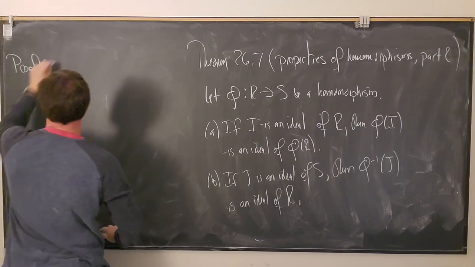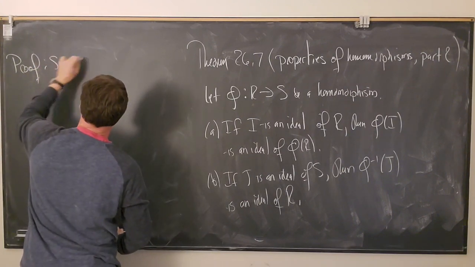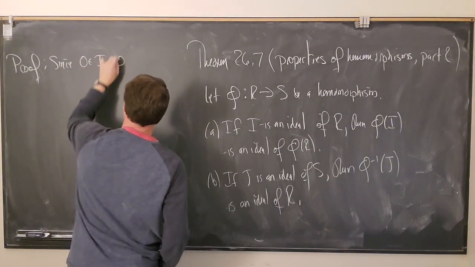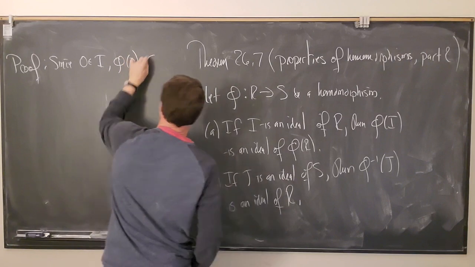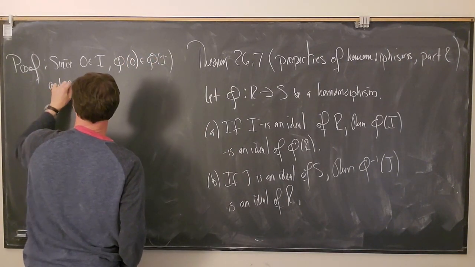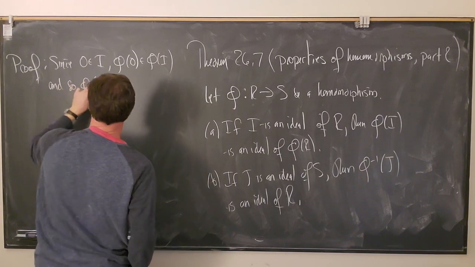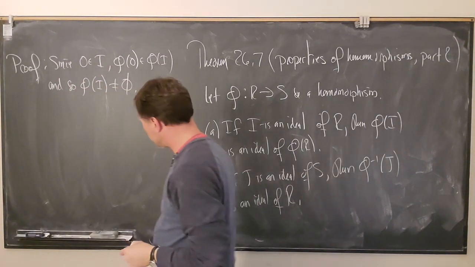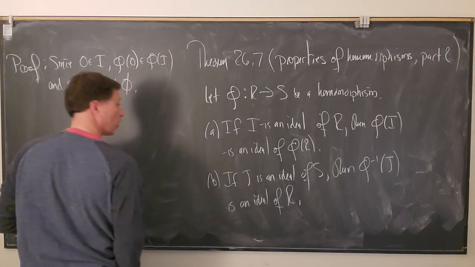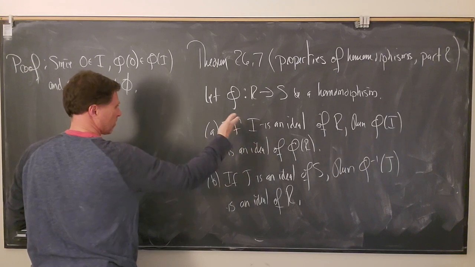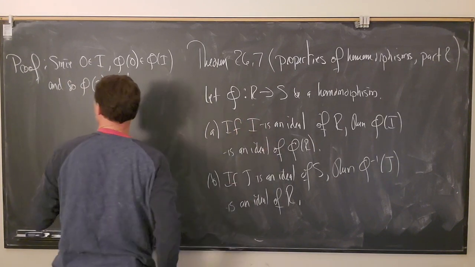Since 0 is in I, phi of 0 is in phi of I, and so phi of I is not empty. Now we need to show that it's closed under subtraction, which we already know because an ideal is a subring, but I'll go through the steps.